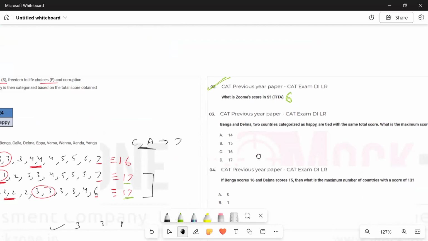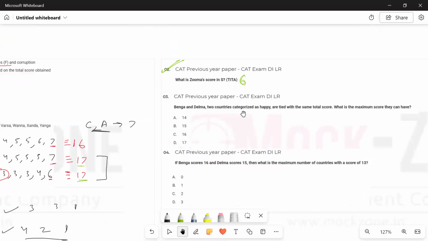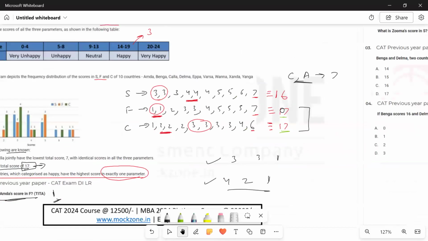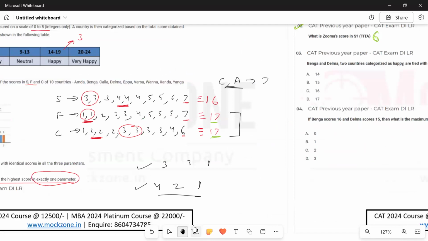Coming to the third question. It says B and D, two countries categorized as happy, are tied with the same score. What is the maximum score they can have? We know that Z is someone who is having a score of 17. Happy category is from 14 to 19. And B and D are the other two countries categorized as happy.